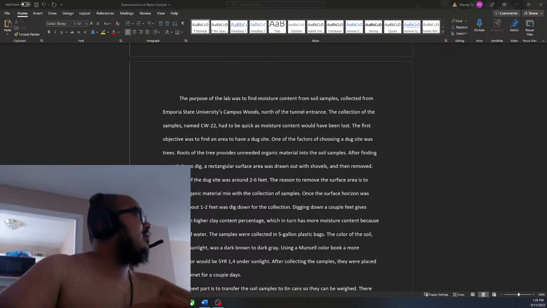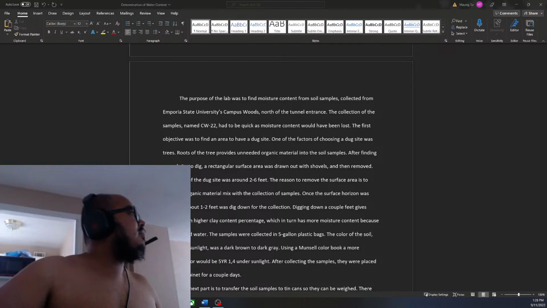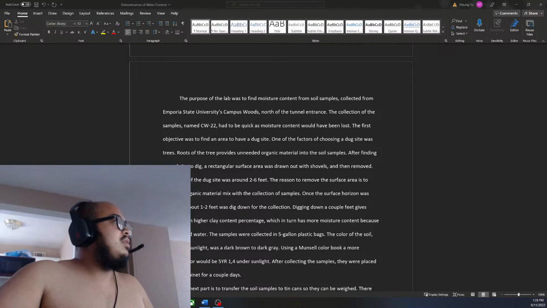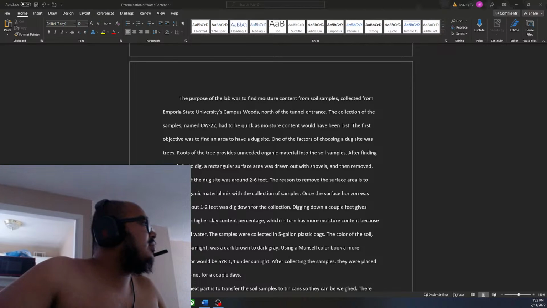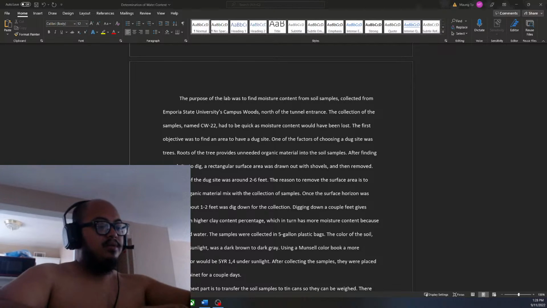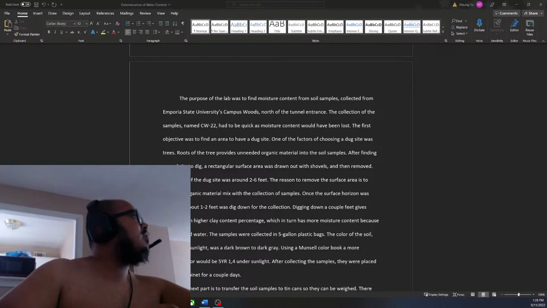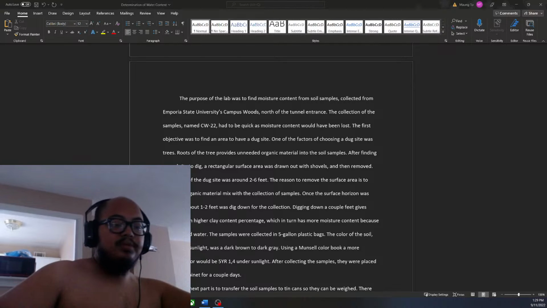Let's look up types of clay. Types of clay. Let's see. Soil textures. Okay. Soil texture.